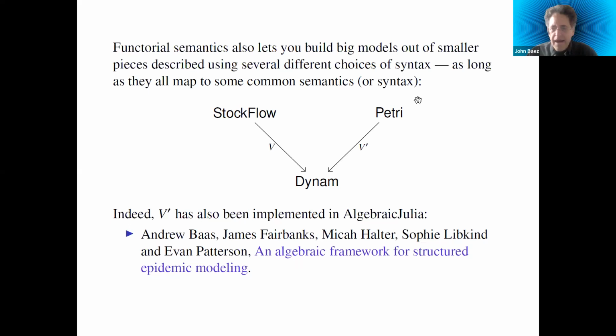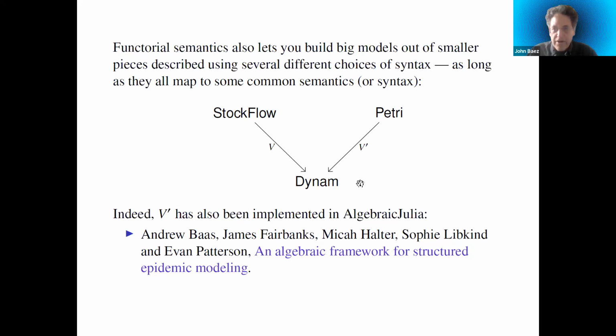So what that means now is that once we get everything up and running, I could build an open StockFlow diagram. You could build an open Petri net. We'd like to stick them together. We can't do it directly because they're different kinds of things. But one thing we can do is turn them both into open dynamical systems and then compose them.